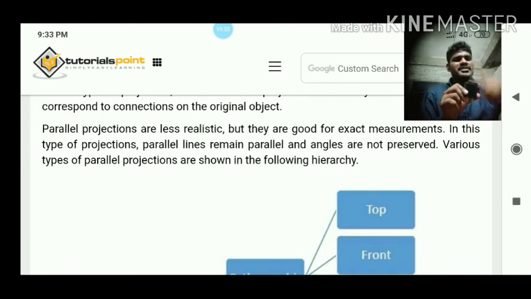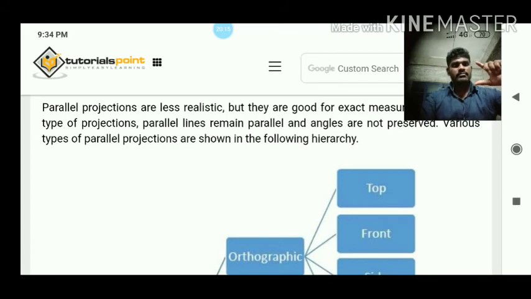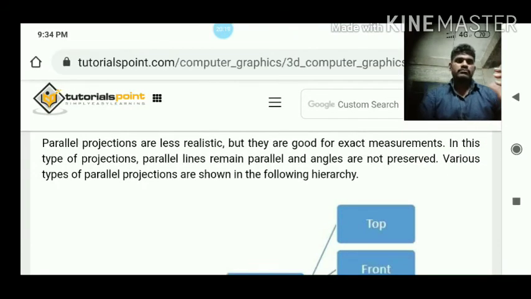This is not that realistic. It gives the exact measurement, what the height is, but it will not tell the exact shape of the real object. That is why parallel projections are less realistic, but they are good for exact measurement.